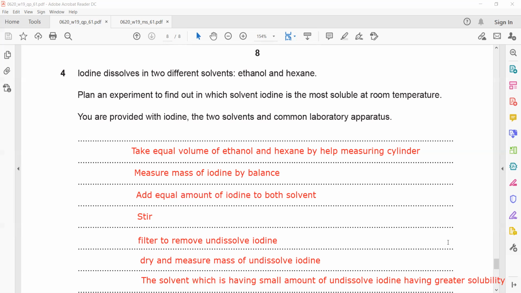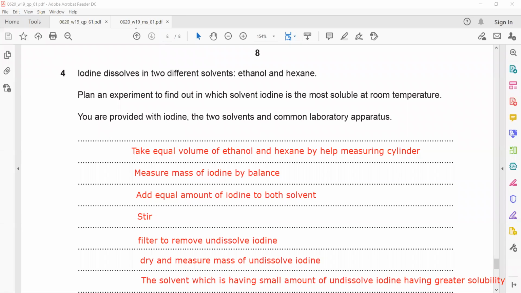Yes, you can compare because both are dissolving, so you can identify from the colors as well, the intensity. If it has a greater amount dissolved, it will be darker in color. You can recognize from that. But that is a qualitative analysis. Qualitative means without measuring anything, you're just stating the result. But the conclusion should be based on the experimental procedures. That's why we are measuring the mass. This is how you can solve a question. Is it clear?